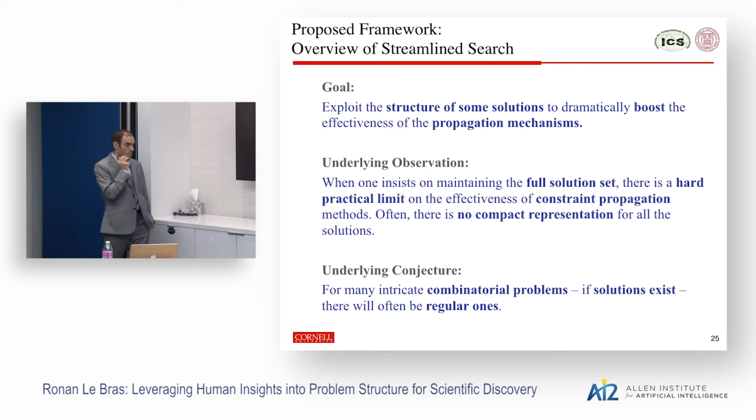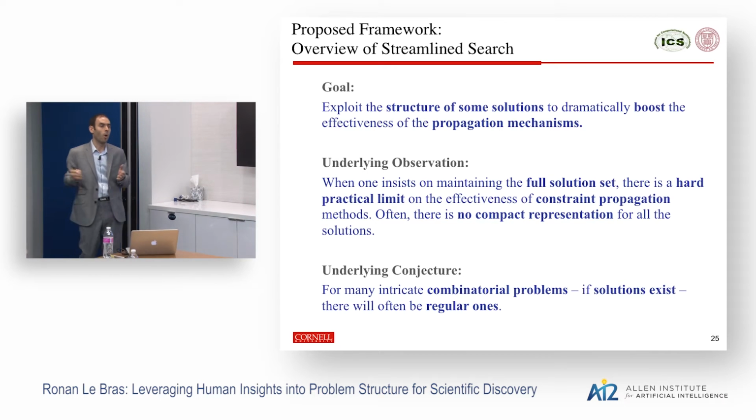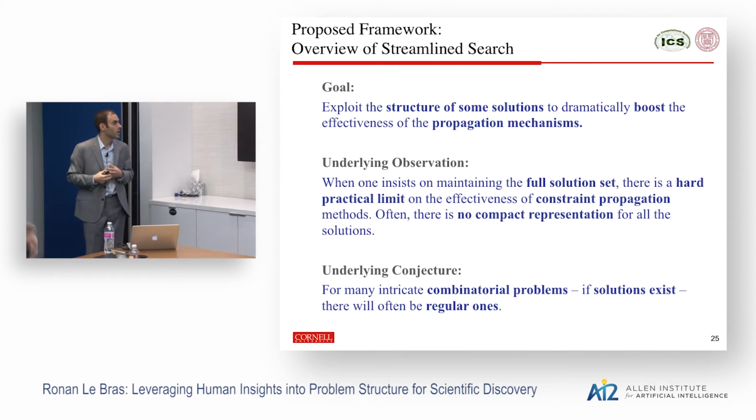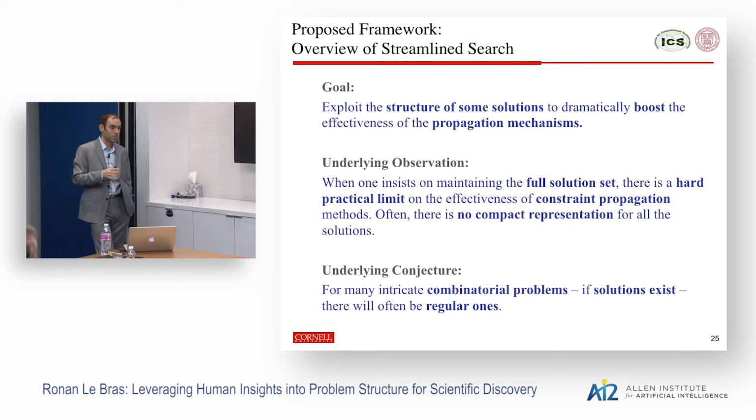One main underlying observation is that if you try to keep all the solutions at once, there is a hard practical limit in terms of the effectiveness of the propagation methods. And often that means that there is no compact representation of all the solutions at once.